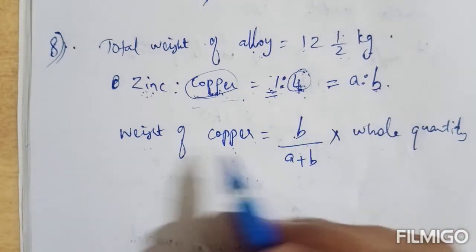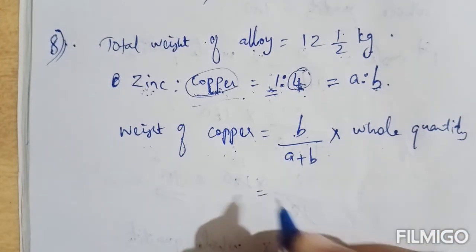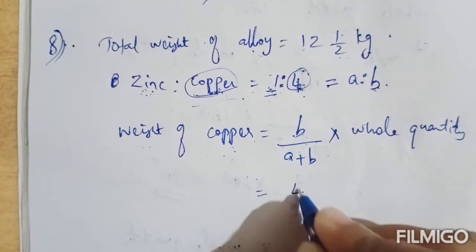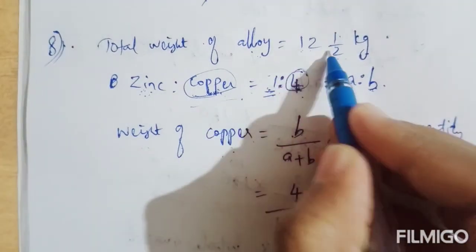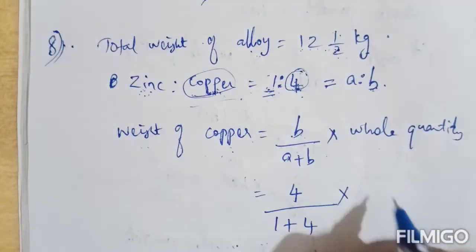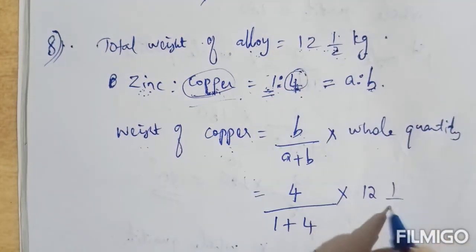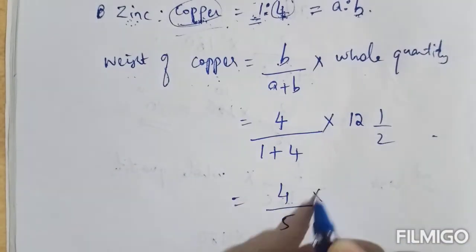So to find the weight of copper, B by A plus B into the whole quantity, this formula we can use. Now B is 4 by A plus B, it is 1 plus 4, into the whole quantity, the total weight of the alloy, that is 12 1/2 kilogram. So what we will get, 4 by 5 into 12 1/2.